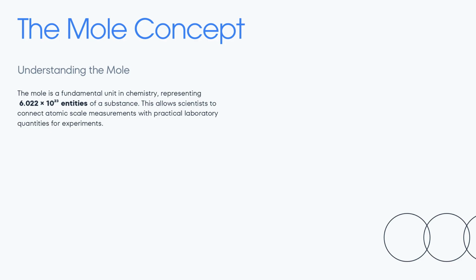Similarly, one mole contains 6.022 × 10^23 particles, which is also called the Avogadro number. Why such a huge number? Because atoms are incredibly tiny. Using the mole concept allows chemists to connect the microscopic world of atoms to the macroscopic world of gram and kilogram.